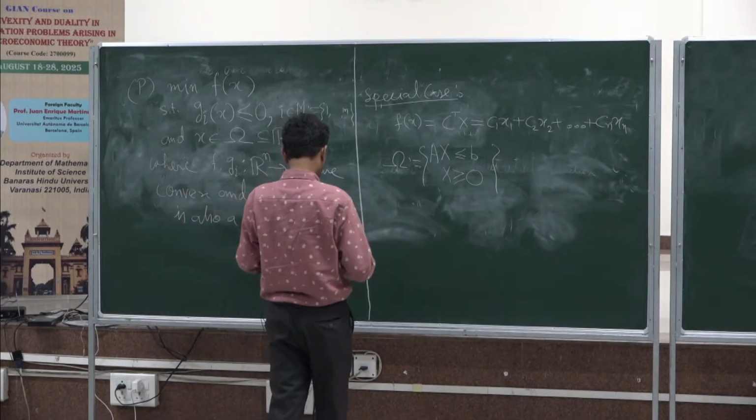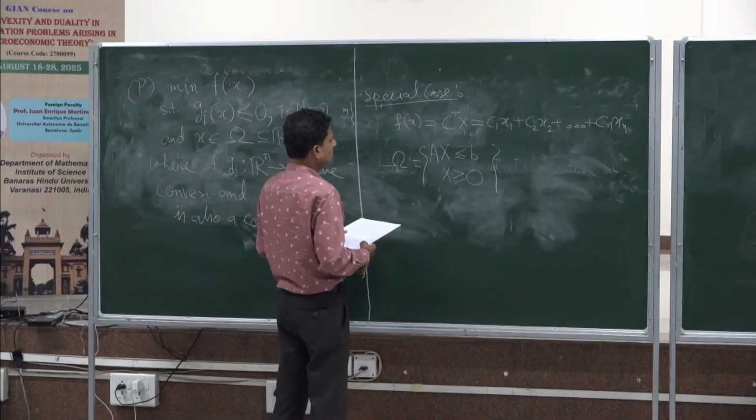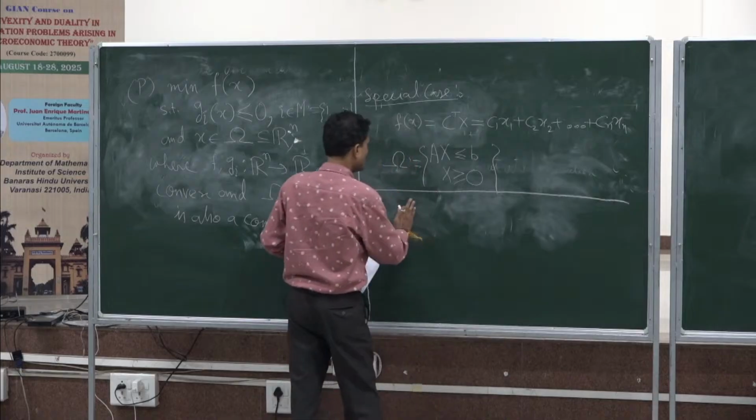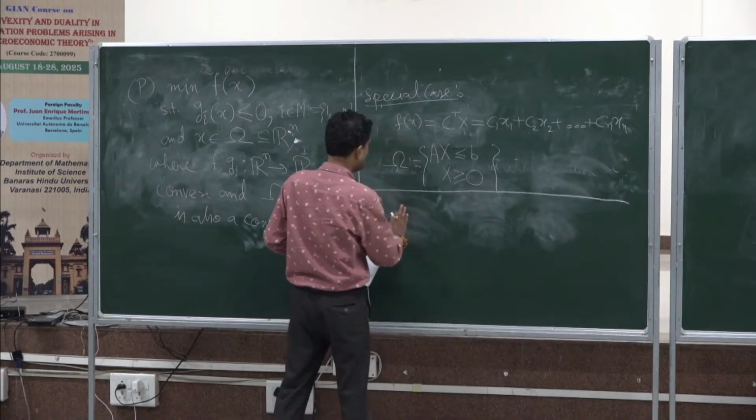So the theorem that we have seen is the Fritz John type necessary optimality condition.